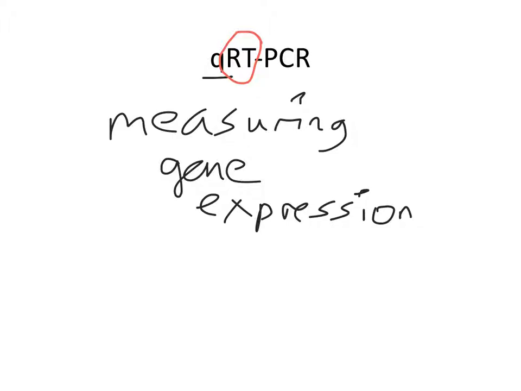So this is basically the new version of EST library analysis. Instead of pulling all the messenger RNAs out from an organism and figuring out which ones are more abundant and which ones are less abundant, you can measure gene expression more specifically of an individual gene at a time.